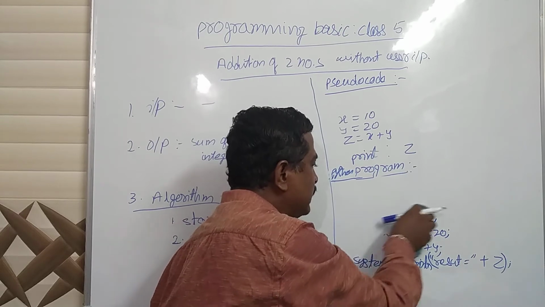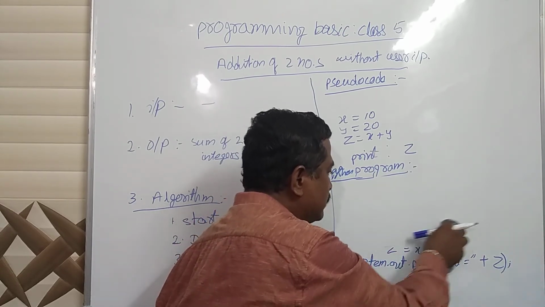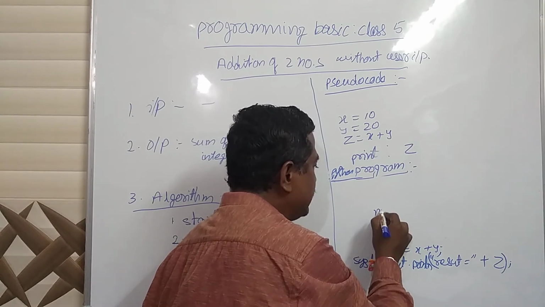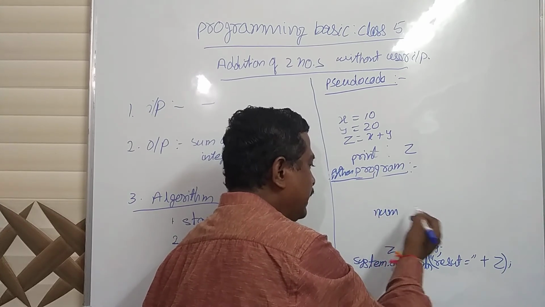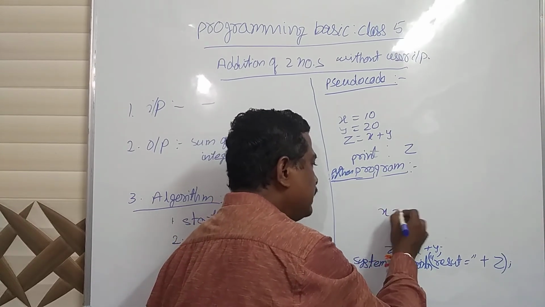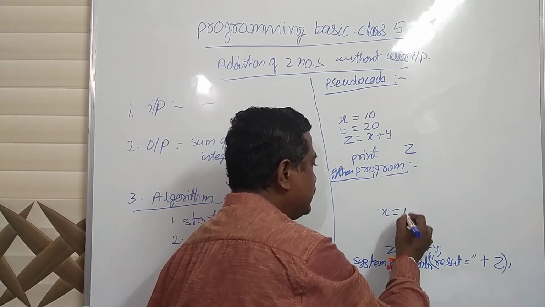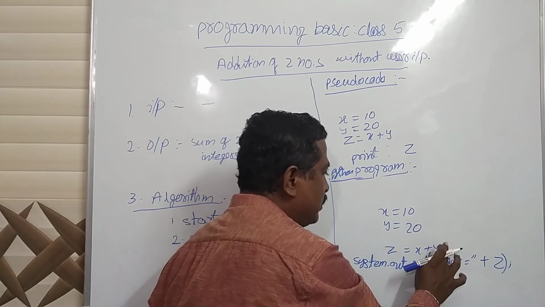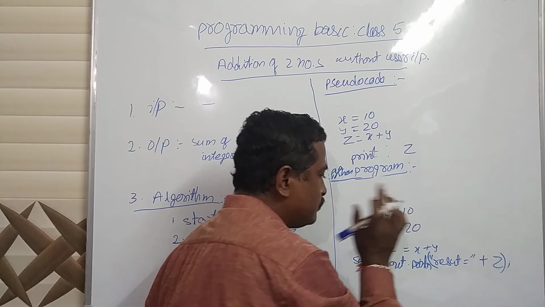As I told you, declaration is not there. x equal to 10, y equal to 20, written in two lines, z equal to x plus y, no semicolon.